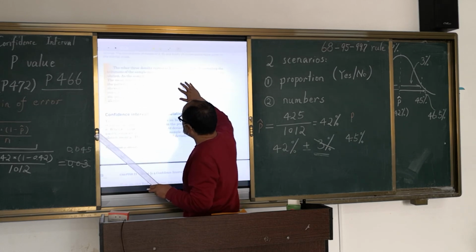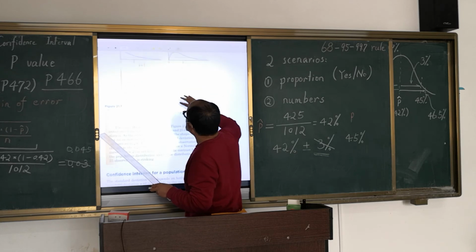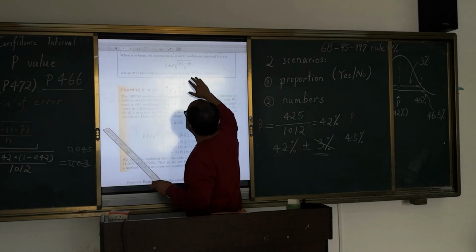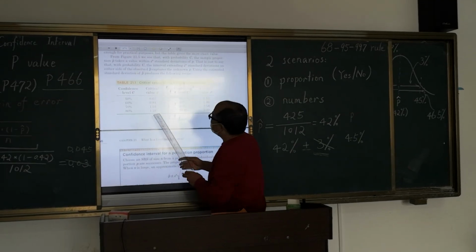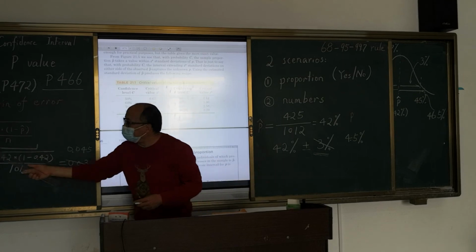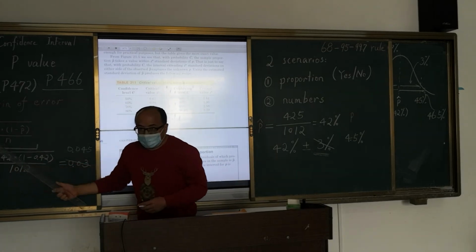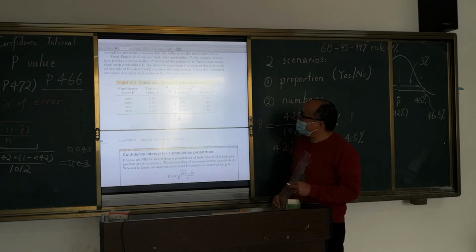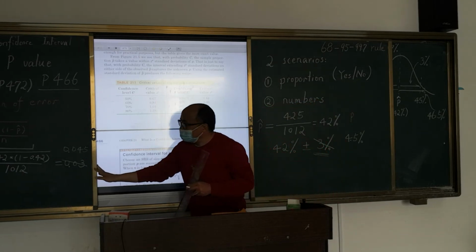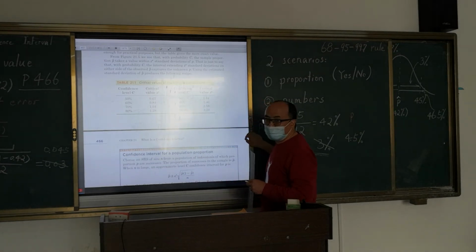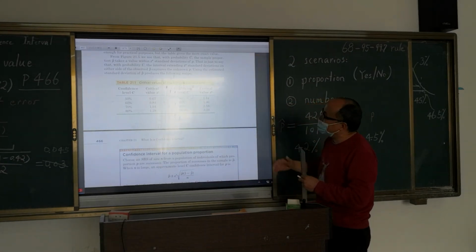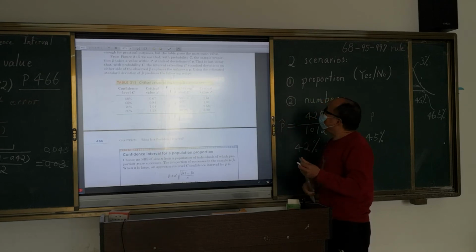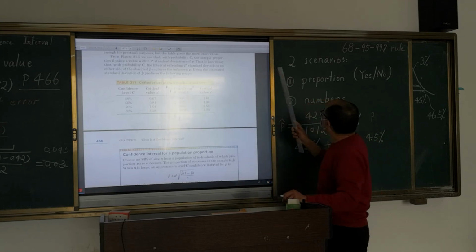Which page? There's a table here. These are called critical values. You can see this, right? Online students, I'm sorry, the glare, they cannot see it. It's strange.